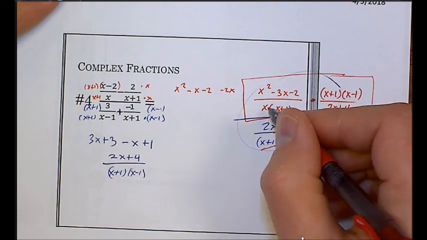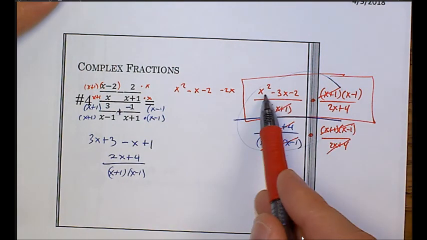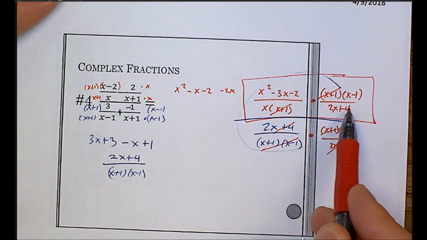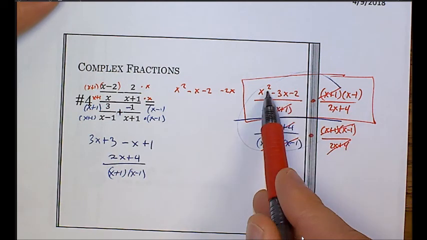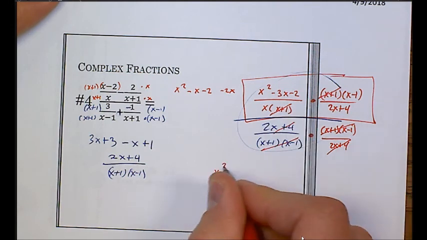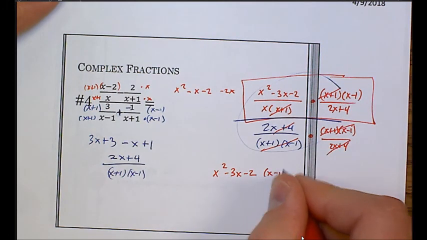Multiplication in between everything so the x plus 1s can cross out. I would look to factor this back out to see if it factors with anything on the bottom, but you can't factor x squared minus 3x minus 2, so what we have left on top is x squared minus 3x minus 2 and x minus 1. I would leave it like that.